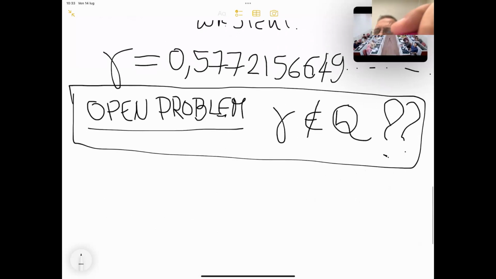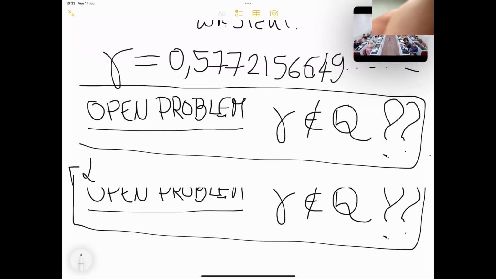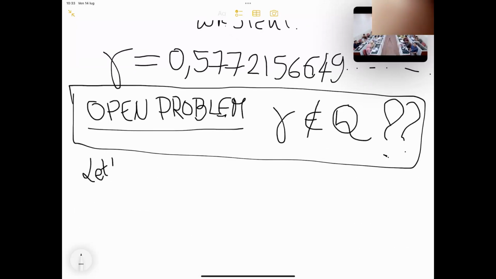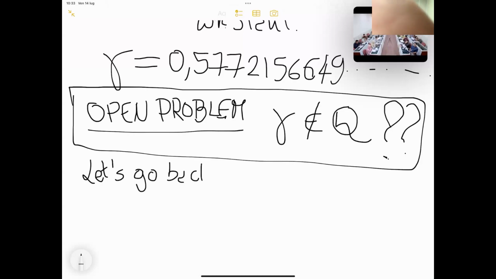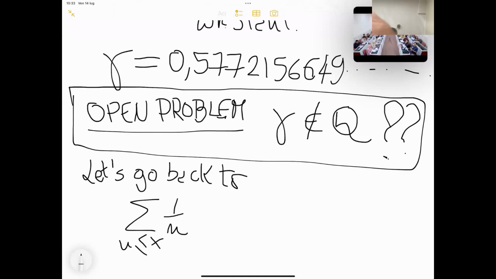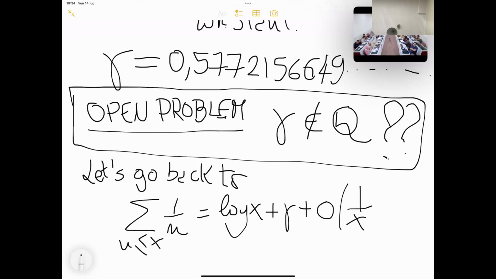So let's go back to the sum of 1 over n, for n less or equal than x, equal to log x plus gamma plus an error term of this type.